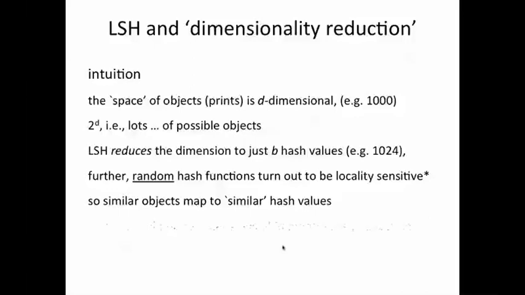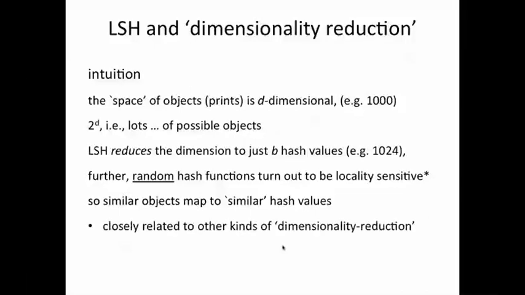It also turns out that LSH techniques are closely related to other kinds of dimensionality reduction methods, such as for discovering topics in large document collections, objects in videos and images, and many others.